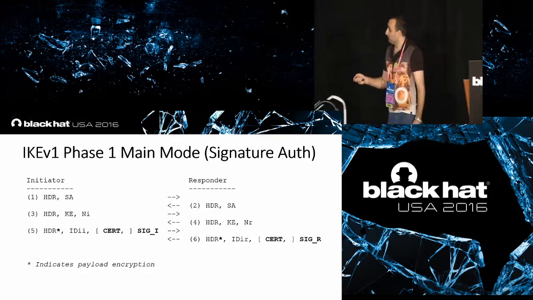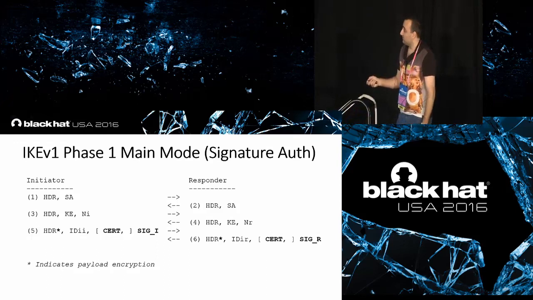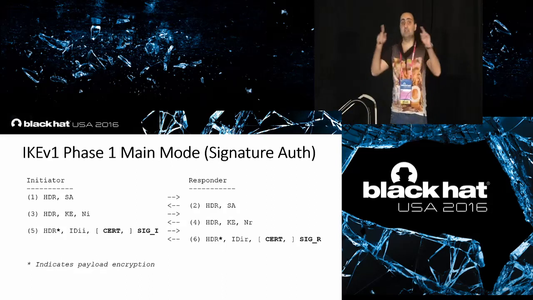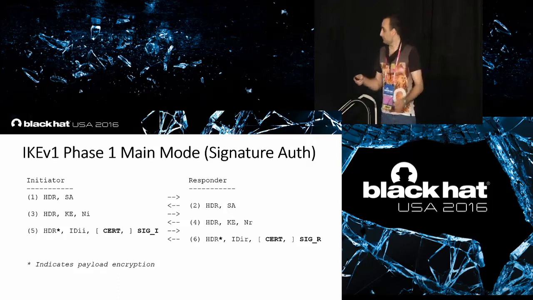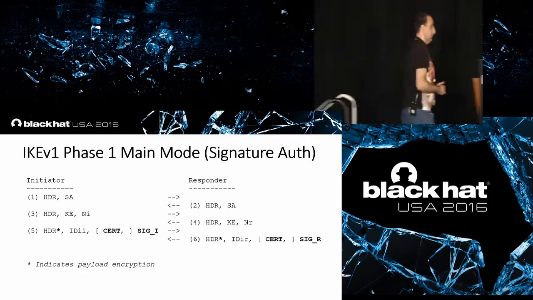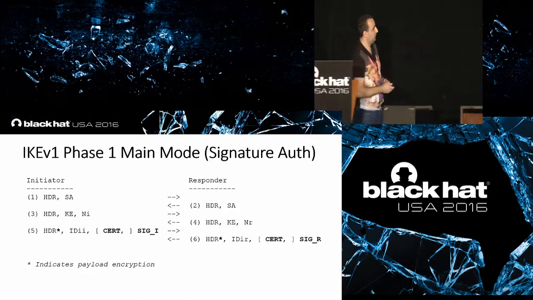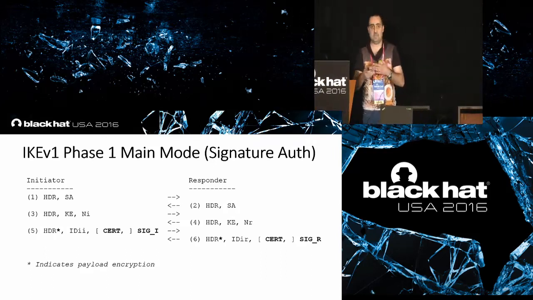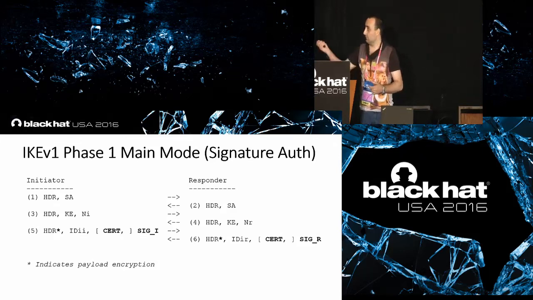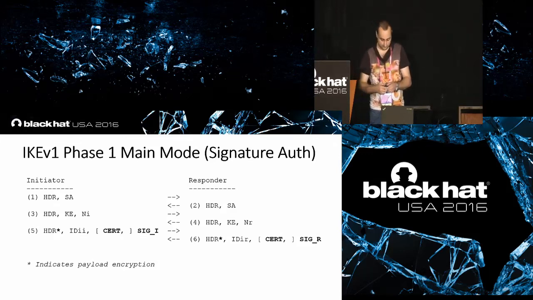And another problem is that the server transmits the certificate and its signature only on packet 6, which is actually exchanged inside an encrypted channel. So this is because of the assumption that you need to be an active attacker in order to derive the private key.